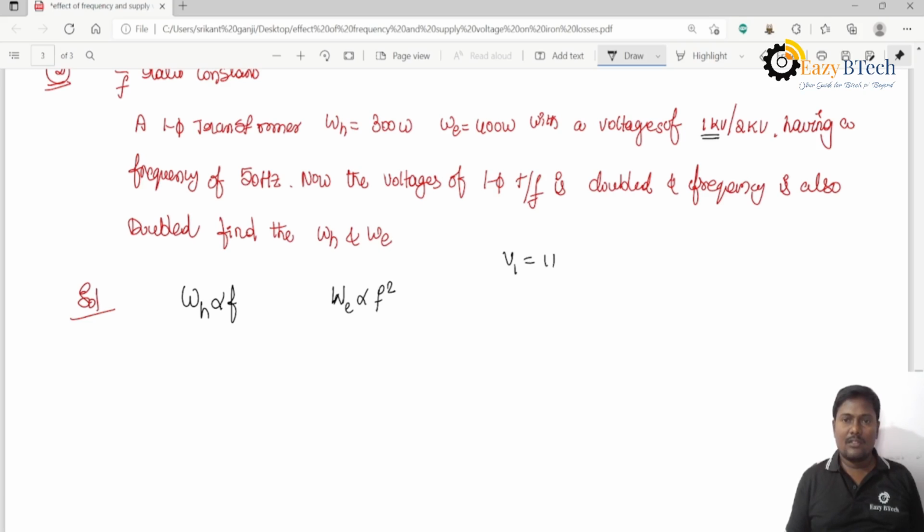V1 is equal to 1 kilovolt, F1 is equal to 50 Hertz. V2 is equal to 2 kilovolts and F2 is equal to 100 Hertz. Now the voltage of the single phase transformer is doubled and the frequency is also doubled.